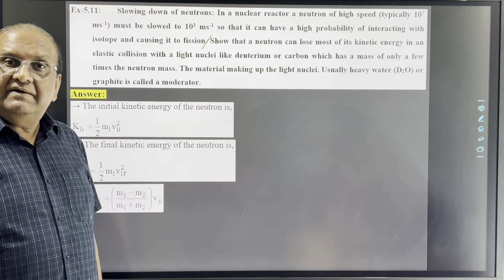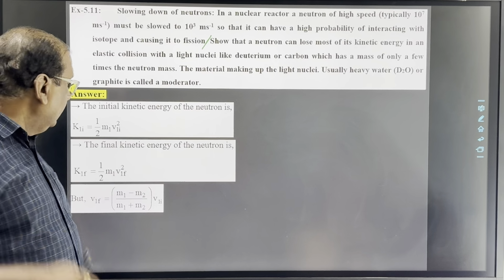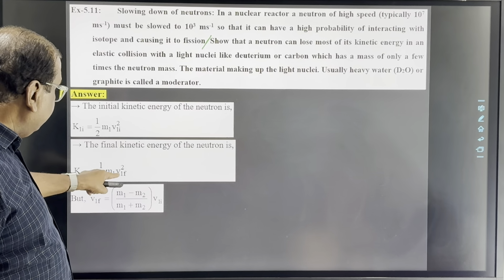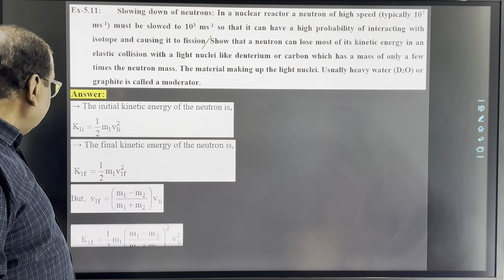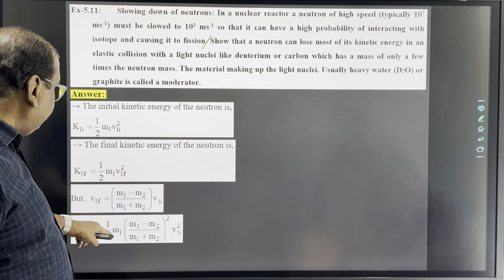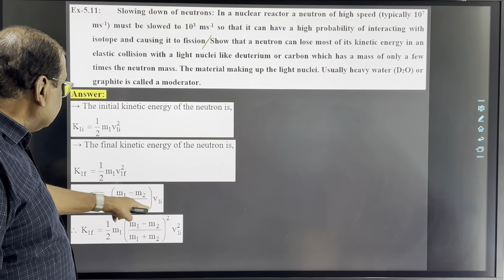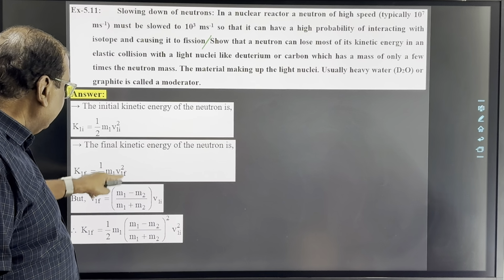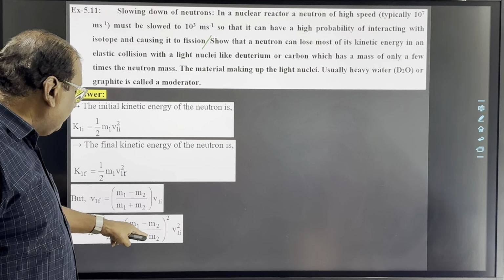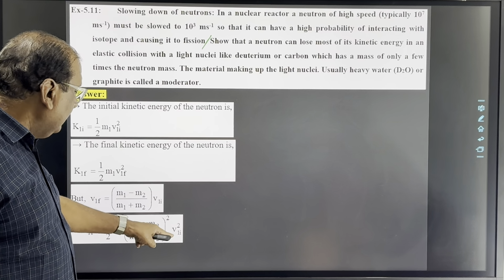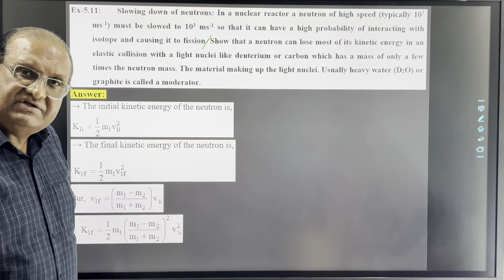In previous theory we discussed this. So if we substitute this value of v1f here, then we will get K1f equal to half m1 into, substituting this entire thing for v1f, ((m1 minus m2) upon (m1 plus m2)) whole square into v1i square.